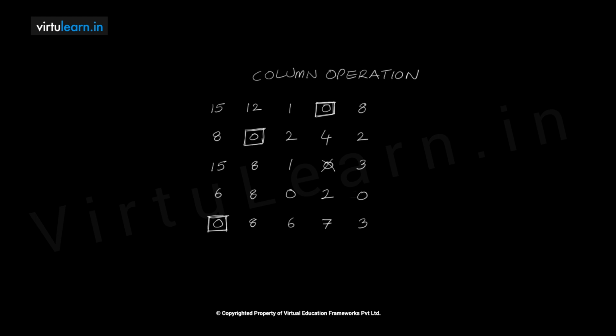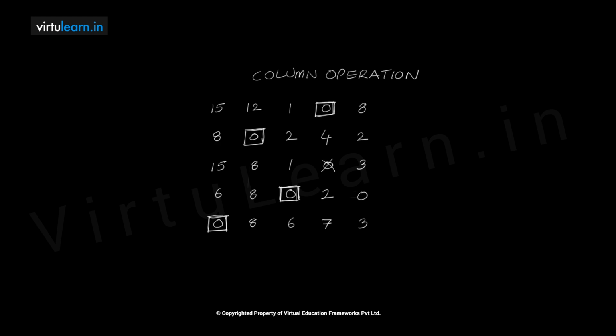This is done. Now we've checked for single zero rows; the check is over. Now single zero columns. Here we have one single zero, so we will make an allocation by marking it with a box.